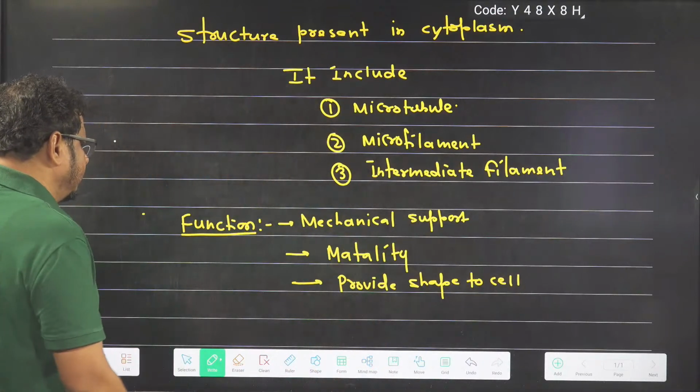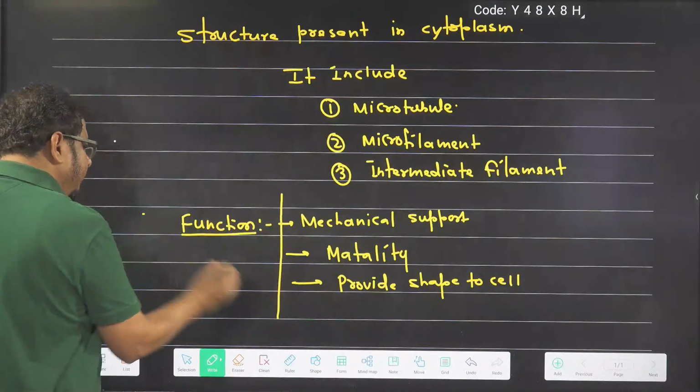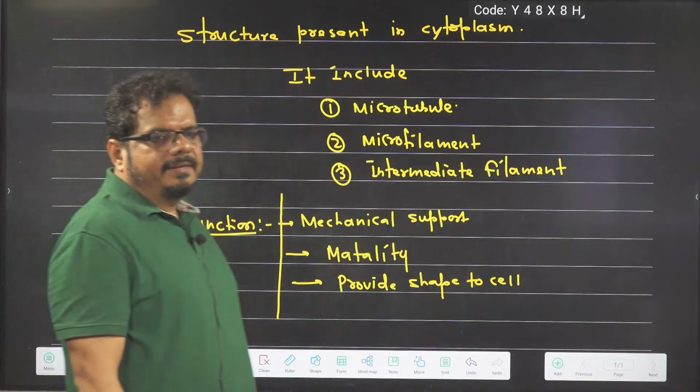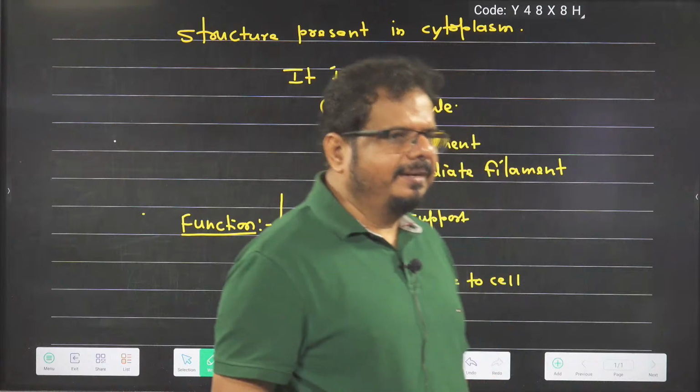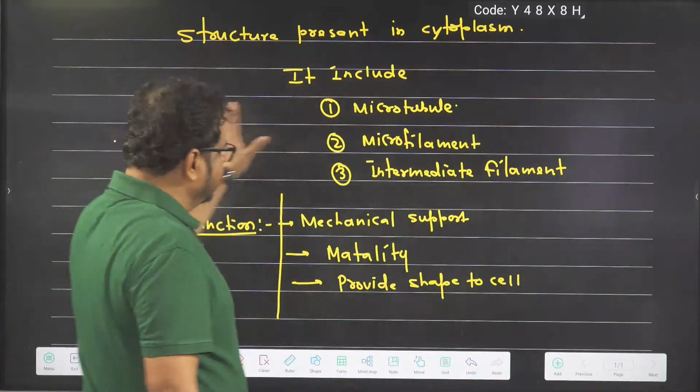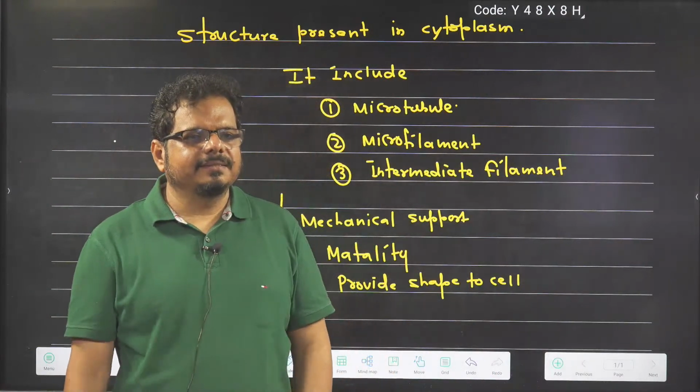So these are the three major functions performed by this cytoskeleton, and that is the information mentioned in NCERT regarding it.